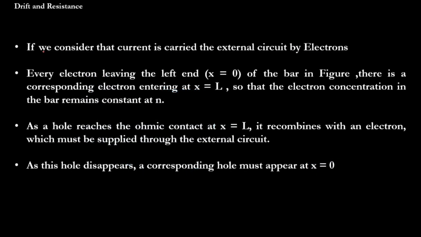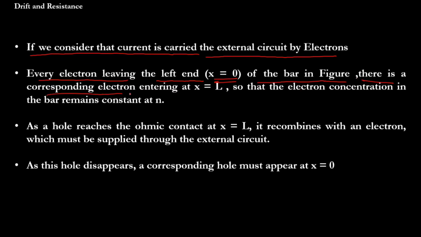If we consider that current is carried in the external circuit by electrons, every electron leaving the left end x equal to 0 of the bar in the figure has a corresponding electron entering at x equal to L, so that the electron concentration in the bar remains constant. The hole current as a whole reaches the ohmic contact at x equal to L. What is an ohmic contact?